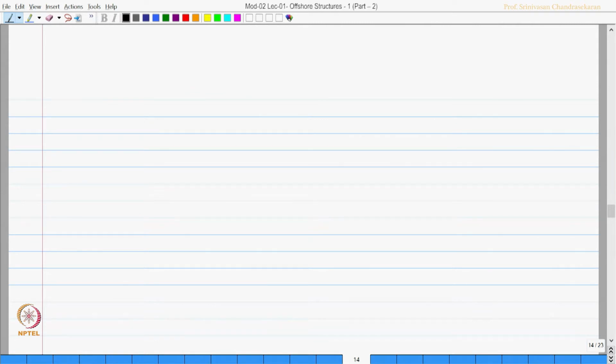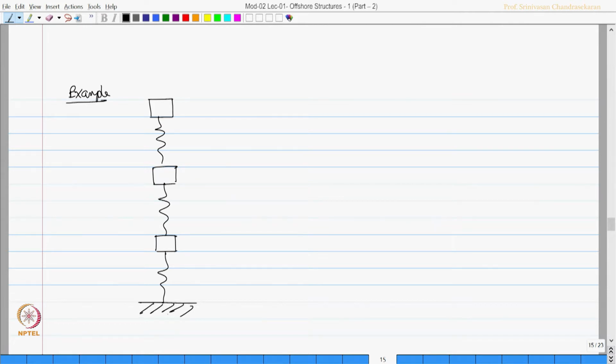Let us take an example problem which we already solved. The example problem is, let us say this is M1, M2 and M3, this is K1, K2 and K3.